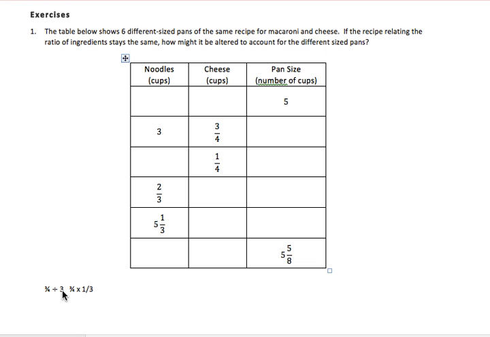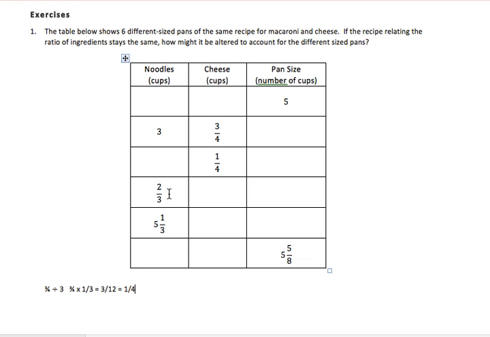So I turned 3 into 3/1 and then changed it to multiplication and multiplied by the reciprocal of the second fraction, in keeping with our multiplication or division of fraction rules. 3/4 times 1/3 is 3/12, which simplifies to 1/4. And so our constant then is 1/4. Cheese is 1/4 the amount of noodles.